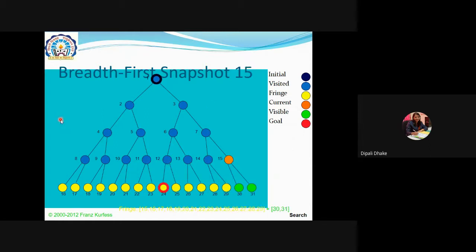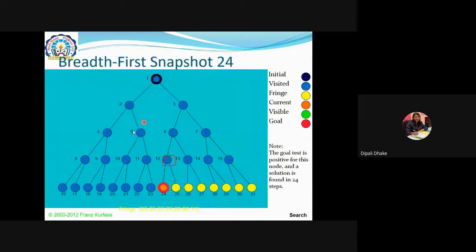Now what is this? This is actually my goal state. So basically, this is the route I have to follow to reach 24. But I will not use the DFS.